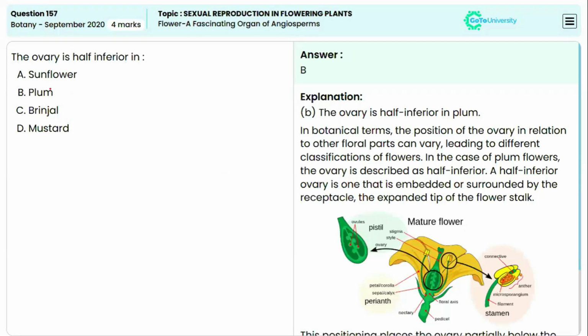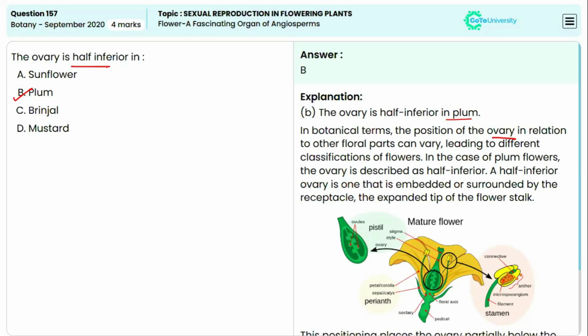Now, coming to the next question: the ovary is half inferior in which among the following plants? Here the correct answer is option B, plum. So, the ovary is half inferior in plum. In botanical terms, the position of the ovary in relation to other floral parts can vary, leading to different classification of flowers.